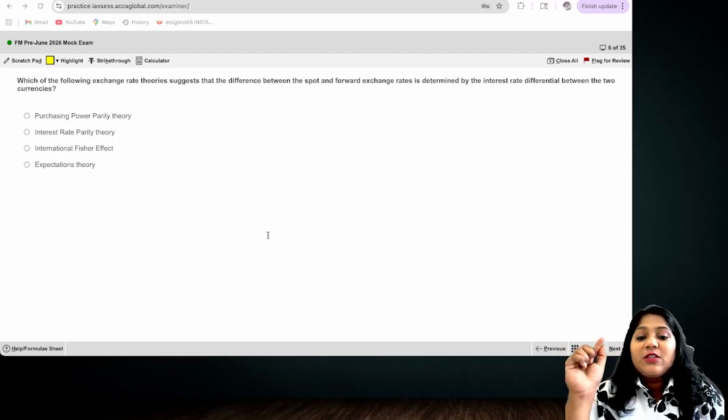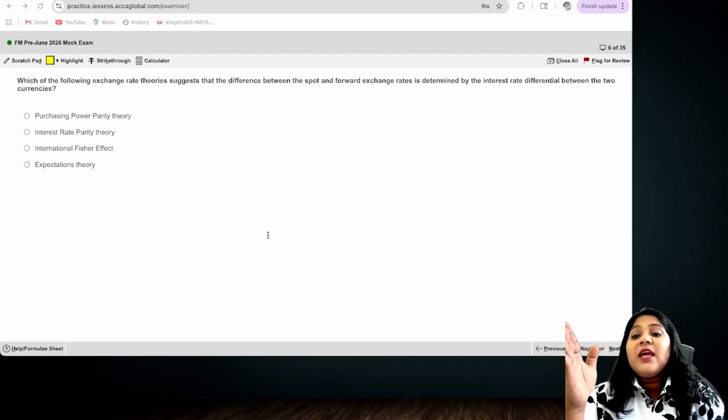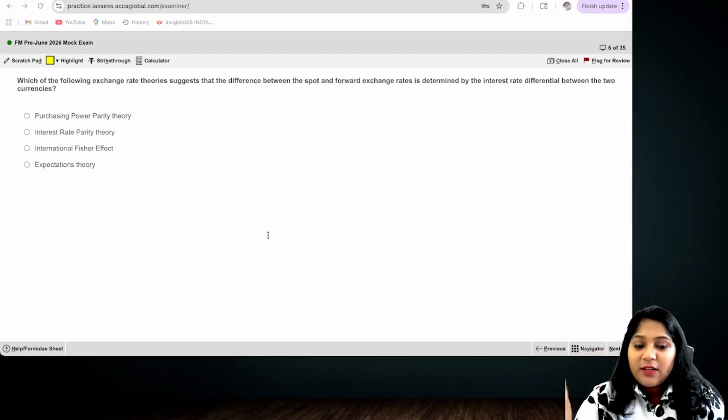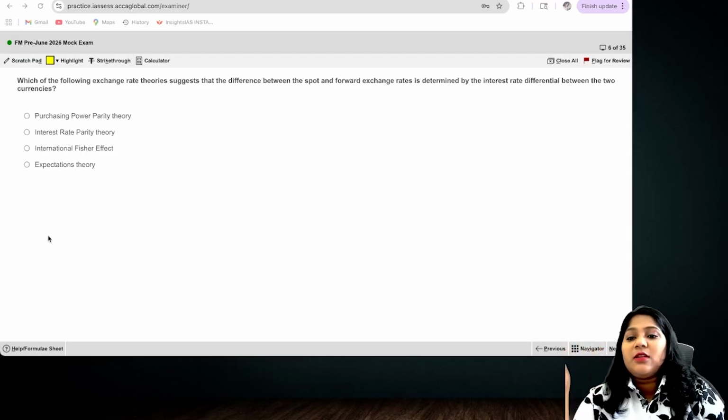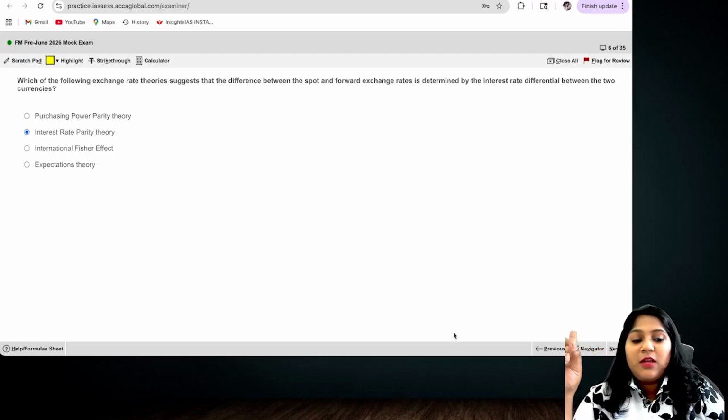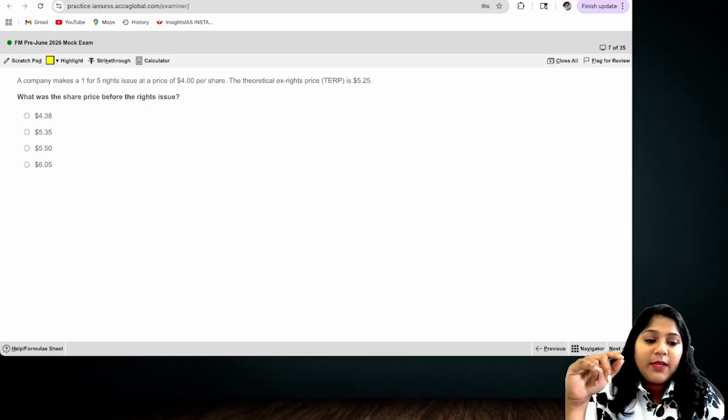No, guys, spot and forward is based on interest rate parity theory. Spot and expected future rate is based on purchasing power parity theory. Interest rate parity theory will use interest rates, purchasing power parity theory will use inflation. So the answer has to be simply option B. Such a simple question. Right? Let's move to the next one.